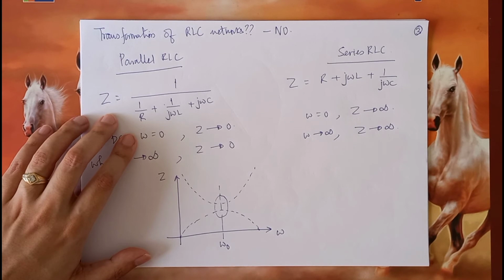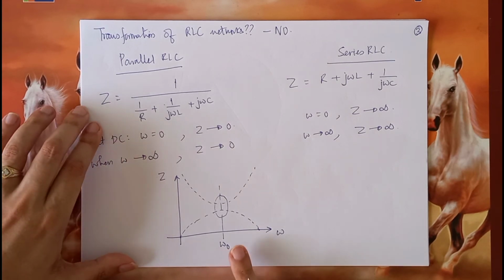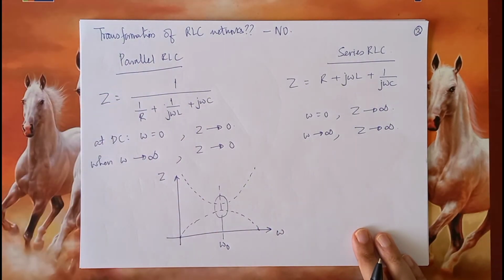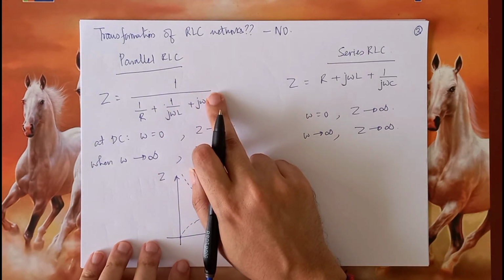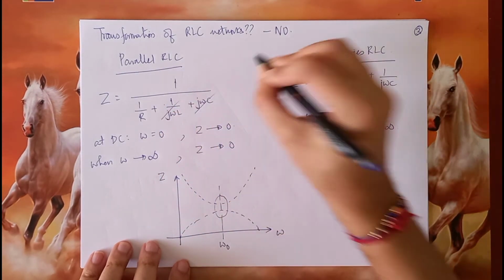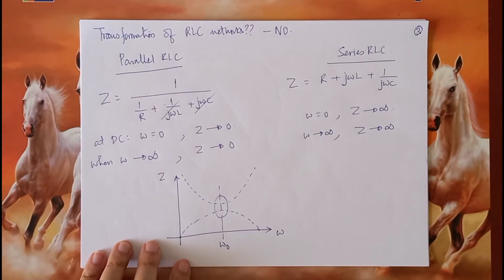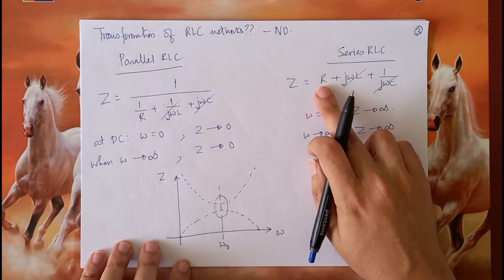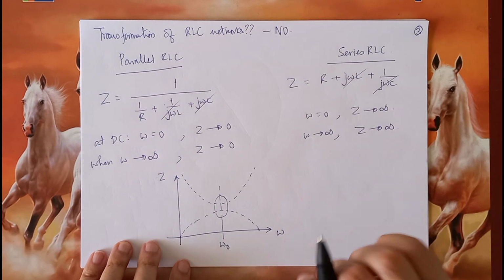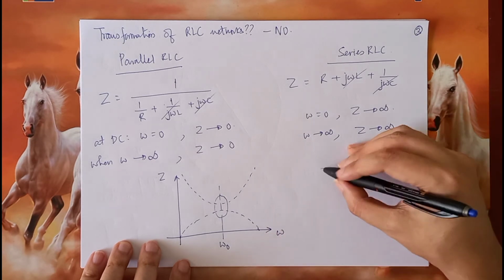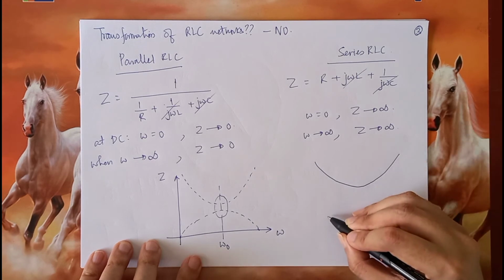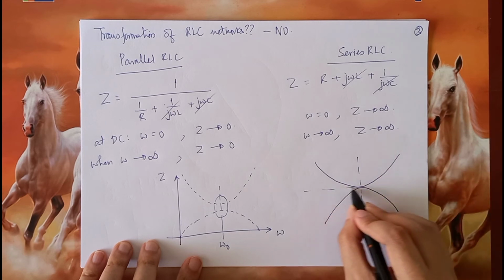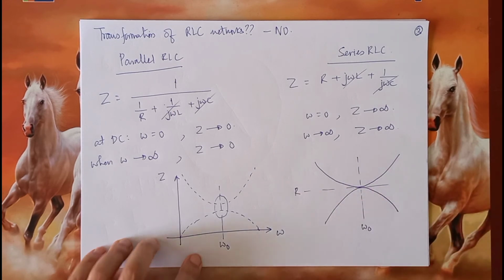So at resonance, when omega becomes equal to omega 0, what is the impedance of the parallel RLC? These two terms essentially cancel out and the Z becomes equal to R. Likewise over here, during resonance, these two terms would cancel out and the Z becomes R. So if we keep the R values the same, we can have these two curves touching each other at that point of resonance, and the value of that is R and this is omega 0.